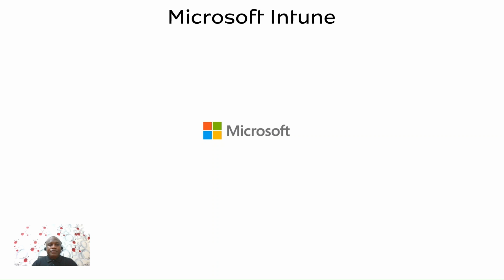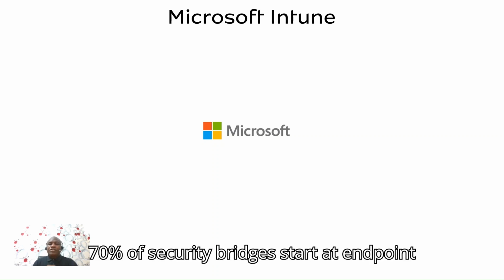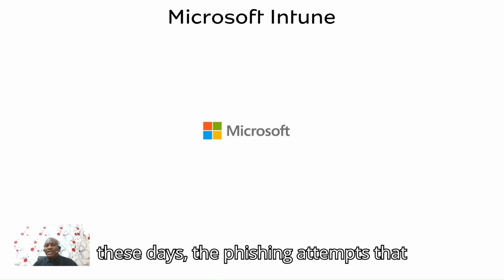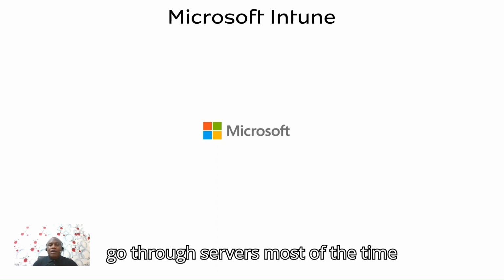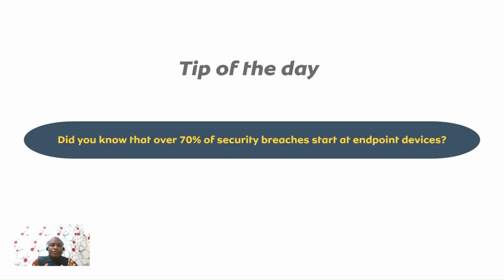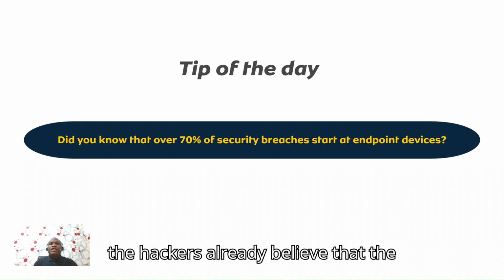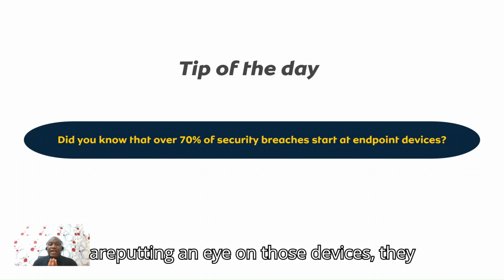So moving on, tip for the day. Did you know that over 70% of security breaches start at endpoint devices? So what this means is that hackers these days, in their phishing attempts towards security breaches, don't go through servers or firewalls most of the time, because the hackers already believe that the administrators are putting an eye on those.